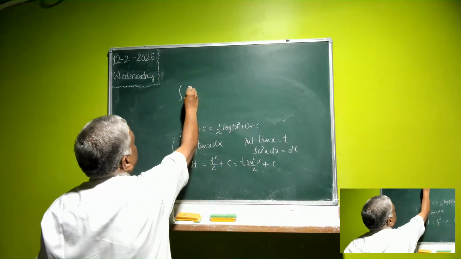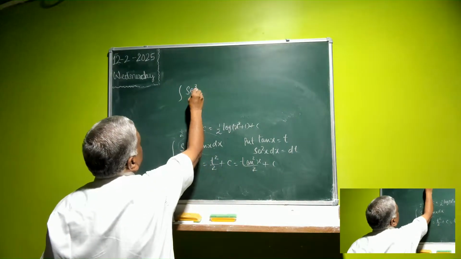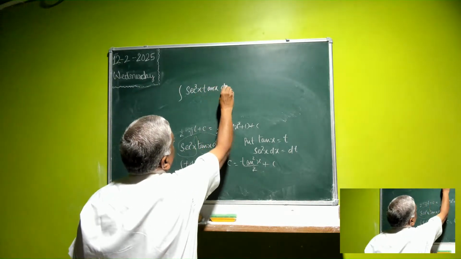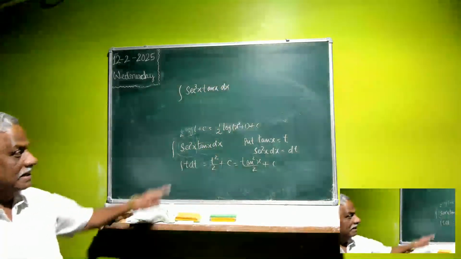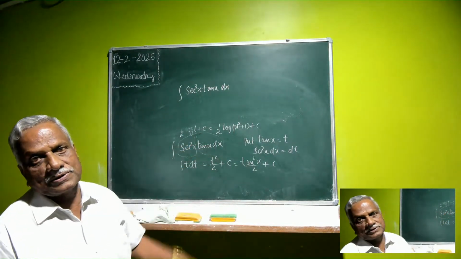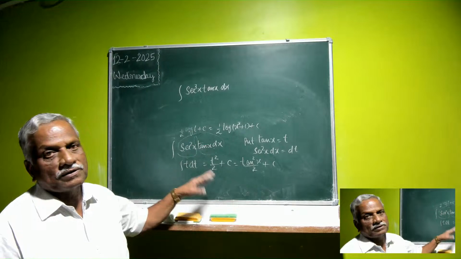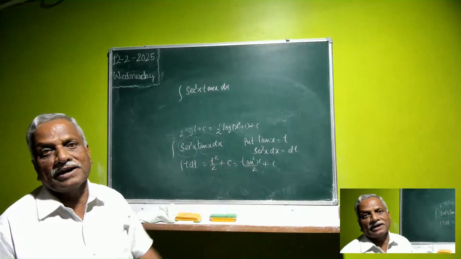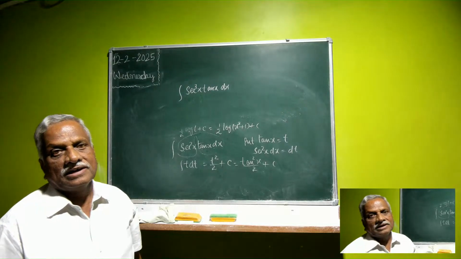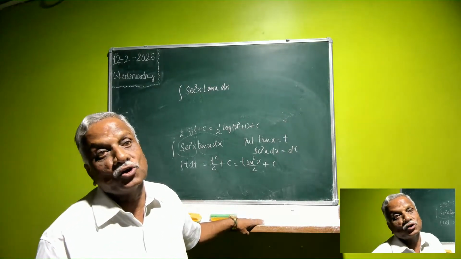We'll take one more similar problem just to explain how the problem works. Supposing you are given secant cube x tan x. When they gave secant square x tan x, we took tan x as t. We got secant square x on differentiation. We could remove all dx, bring in all x, and bring in dt. Now here, if I take tan x as t, I get secant square x, but they have given secant cube x.